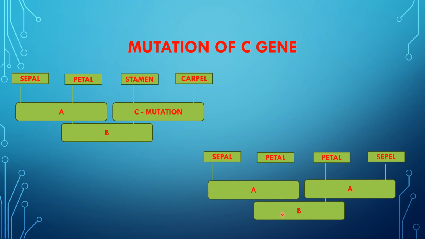When A gene and B gene are present, they give rise to petal, and once again petal. And once again, when A gene alone is present, it gives sepal. So we have sepal, petal, petal, sepal. As we are already told, every flower will have 4 whorls, and here with regard to the mutation of C gene, the first whorl is sepal, second is petal, third is petal, and the last one is sepal.